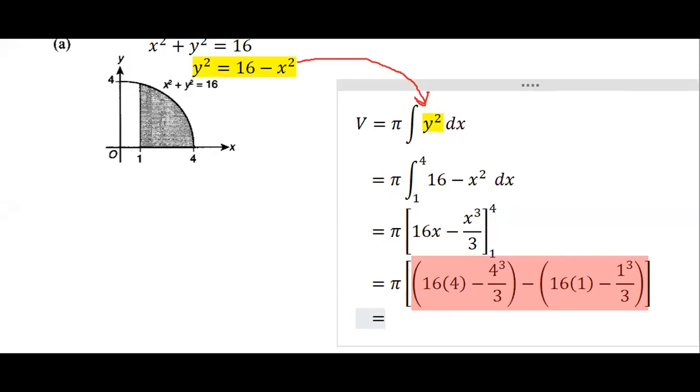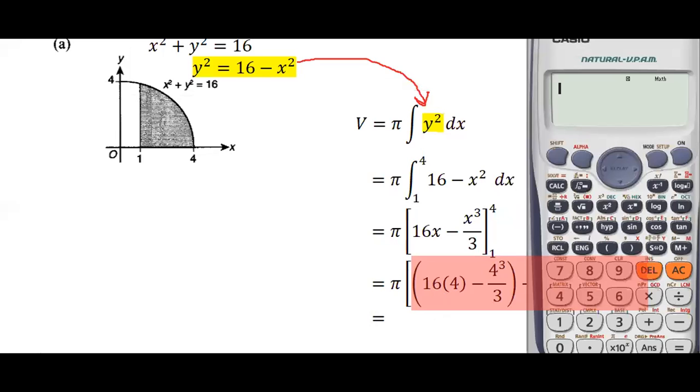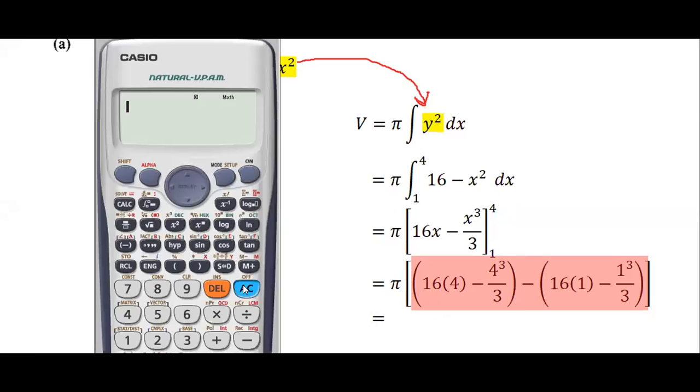27. Is it 27? Everyone got 27? Okay, saya cikgu cuba juga tekan saya punya calculator. Okay, siapa tak ada calculator boleh tengok juga. 16 times 4 minus 4 cube per 3. Okay, then cikgu type hilang sudah.